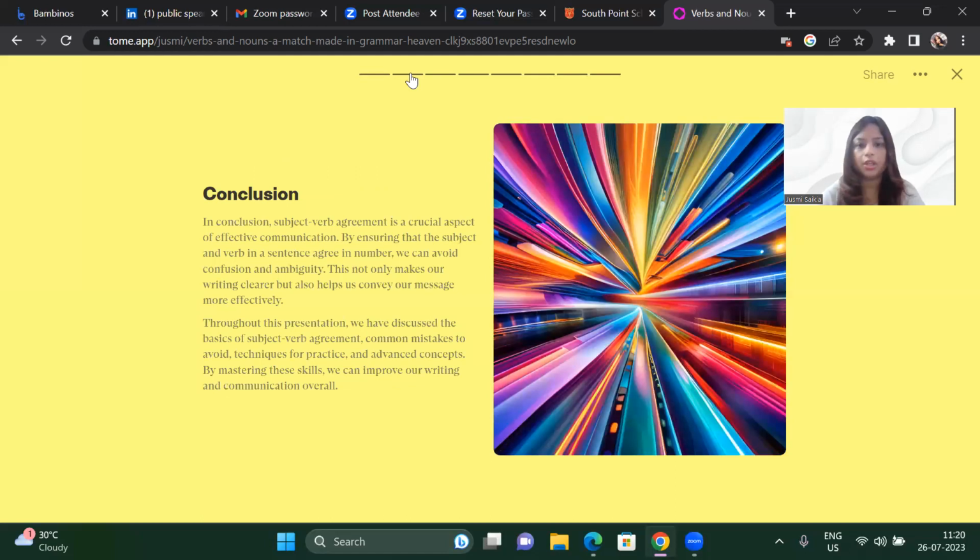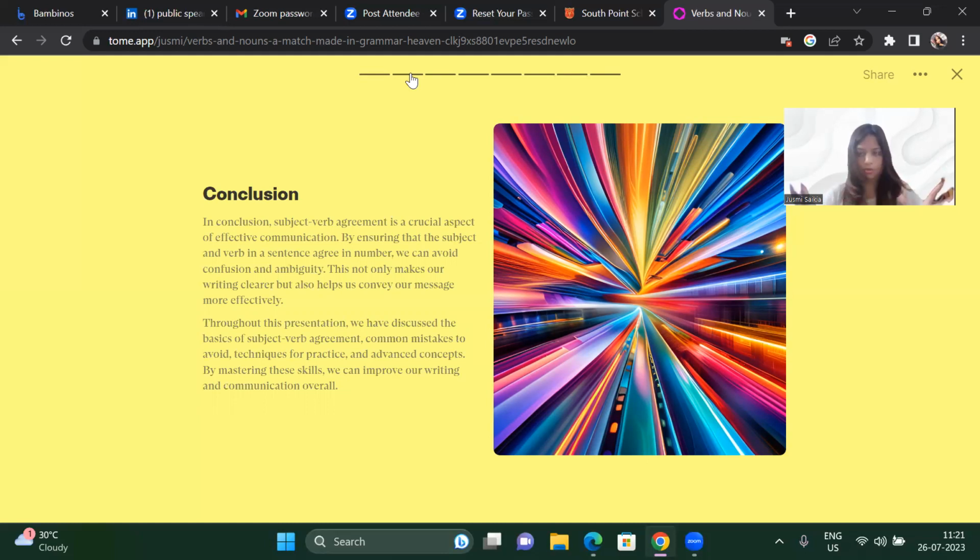And finally, for the conclusion, we can say that subject-verb agreement is very, very crucial for you to understand and deliver effective communication. Okay. Also, by ensuring the subject and verb in a sentence agree, we can avoid a lot of mistakes and some kind of grammar ambiguity.